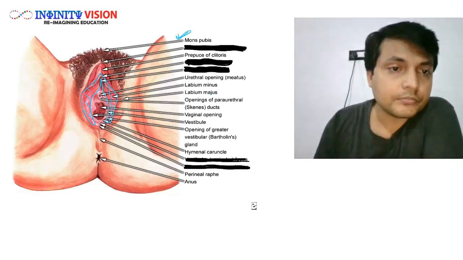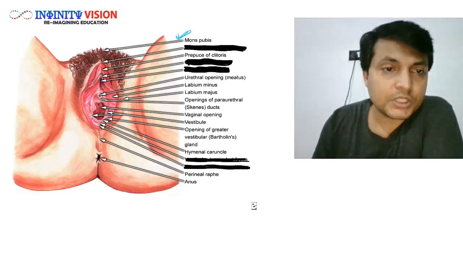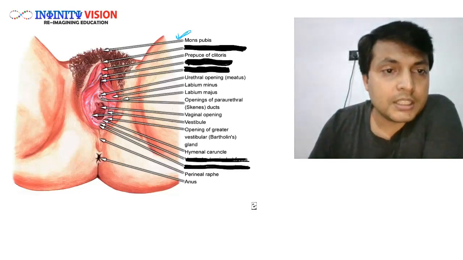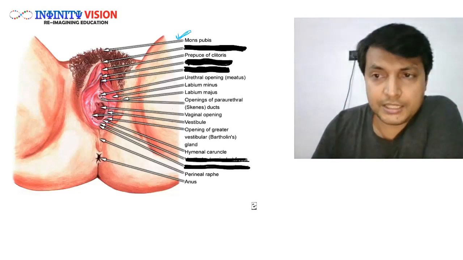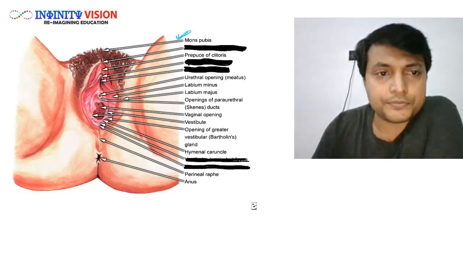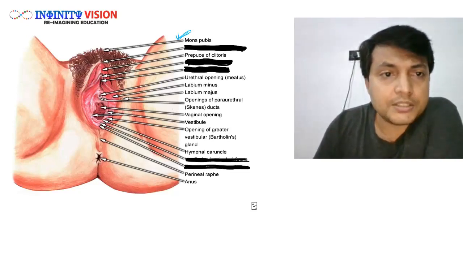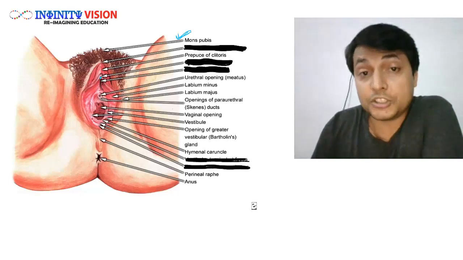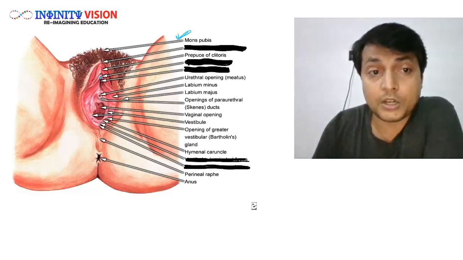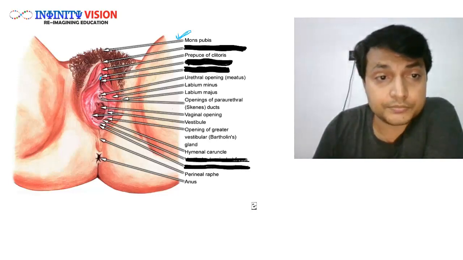Now immediately on the inner side of the labia minora, what we find here is a tissue called the clitoris.